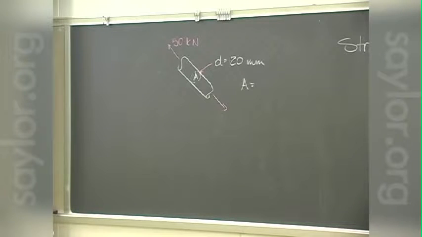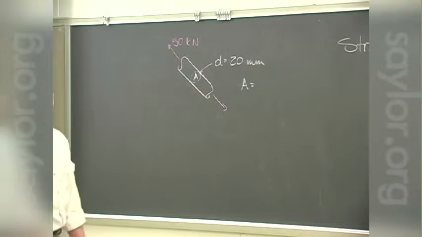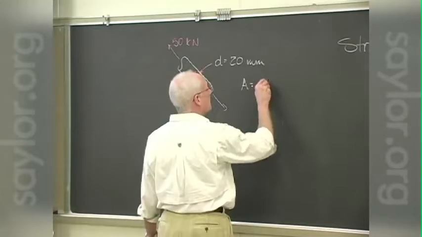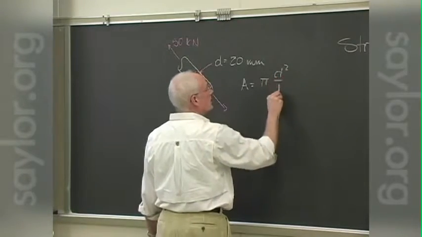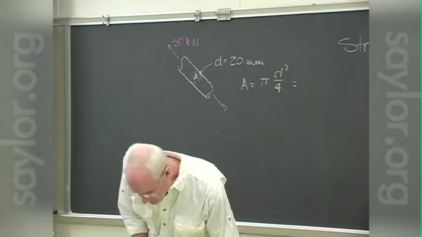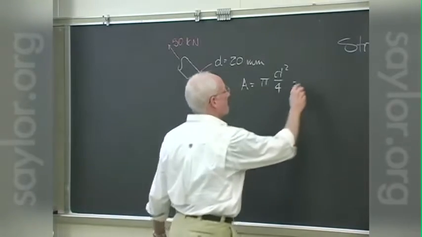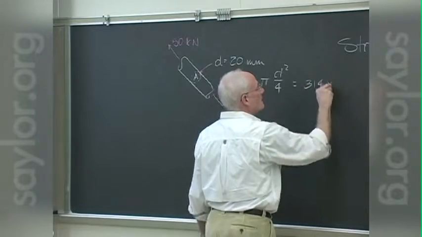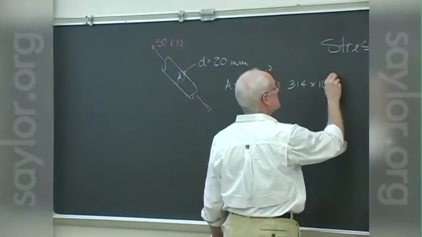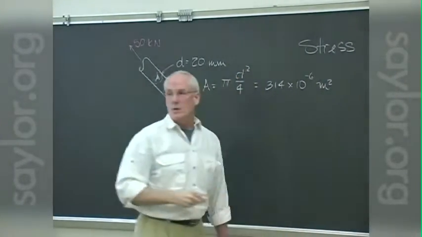How do we figure out the area of a circle with a diameter of 20 millimeters? Pi r squared, or pi d squared over 4. And I've got that for you: 314 times 10 to the minus 6 meters squared.